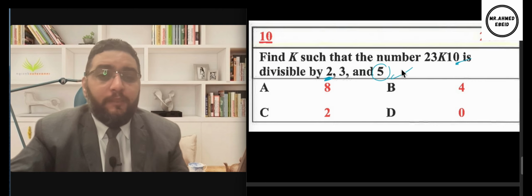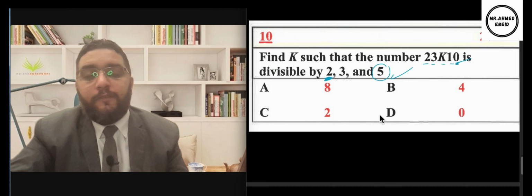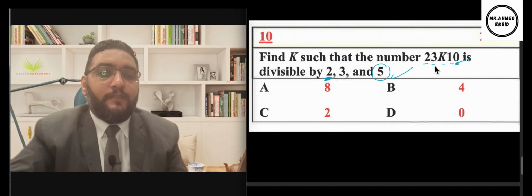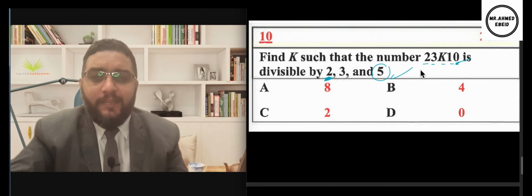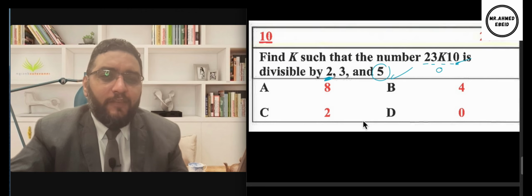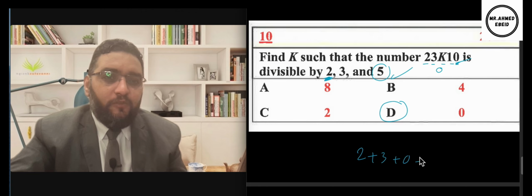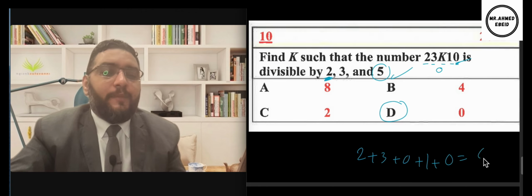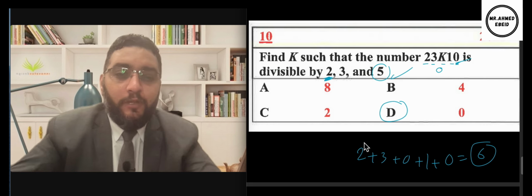To be divisible by 3, the sum of the digits of the whole number should also be divisible by 3. So 2 plus 3 plus 1 plus 0 equals 6, which is divisible by 3. So we can put k equals 0, because we have 2 plus 3 plus 0 plus 1 plus 0. Their sum equals 6, and 6 also is divisible by 3.